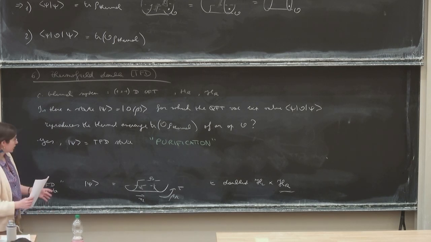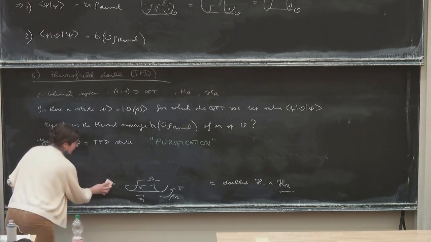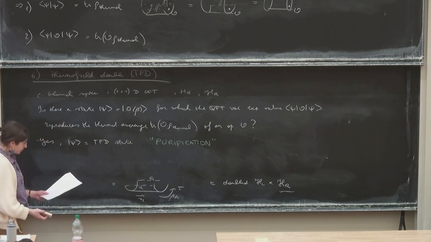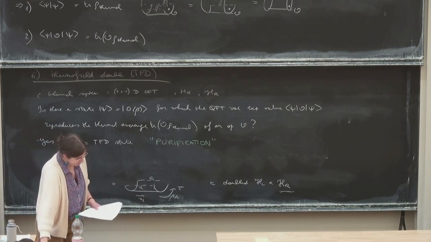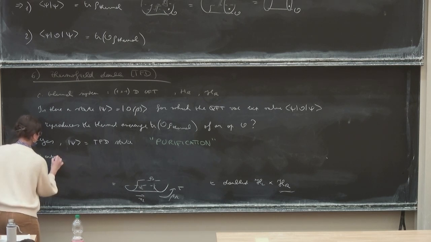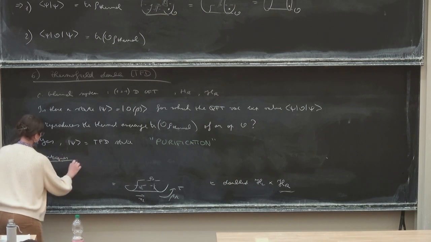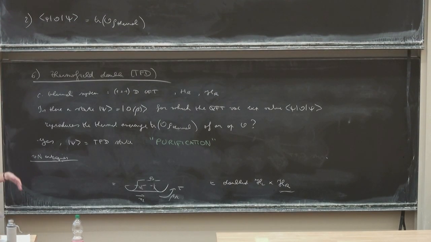Okay, so let me add a few comments, and then we can have a break. One is the von Neumann entropies. The von Neumann entropy of the thermal field double state will be 0, because the thermal field double state by construction is pure.